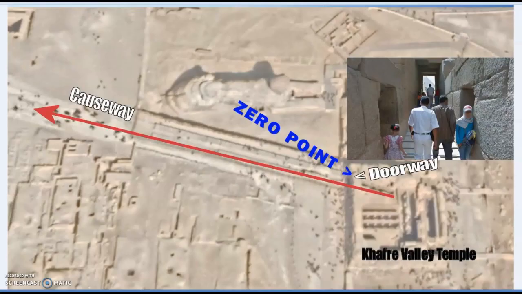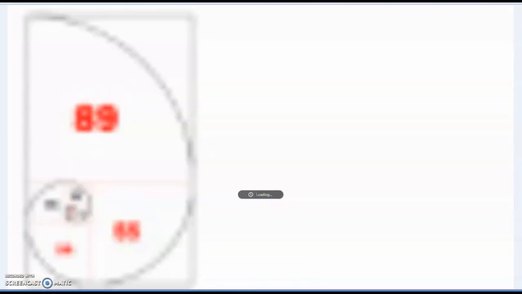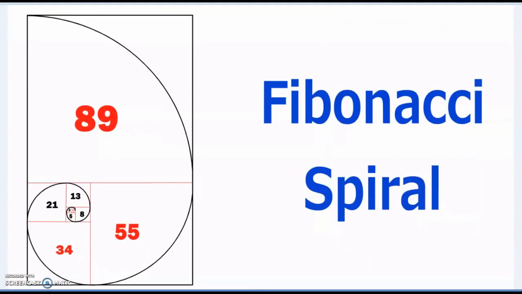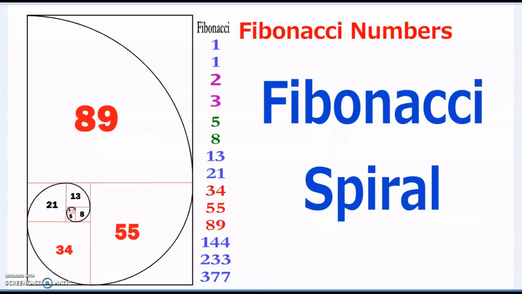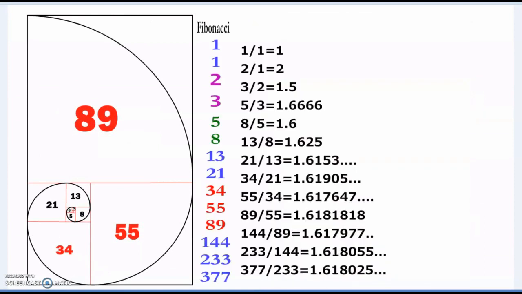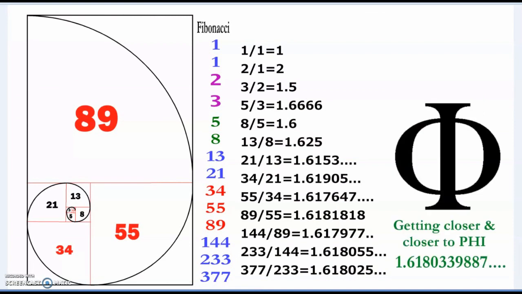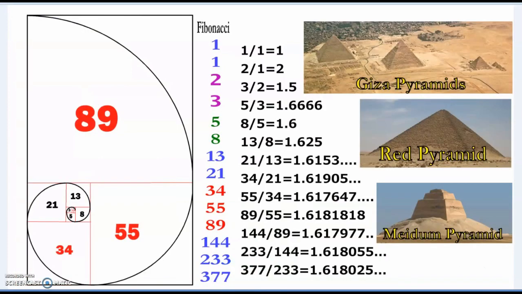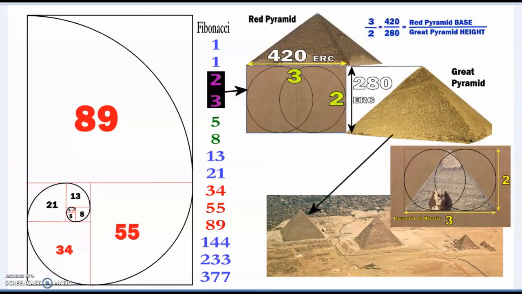So there are, with these angles of the Fibonacci and the Lucas numbers, which give the basic proportions of the Great Pyramid, Khafre and Menkaure, which give you also the proportions of the Red and Bent Pyramids, and as well all of it, like Neferefre and all those other ones down south as well.